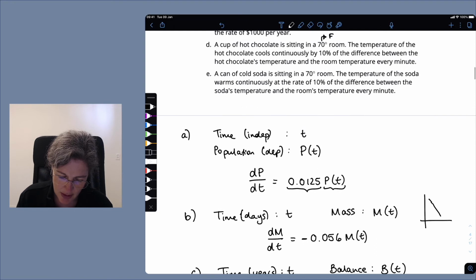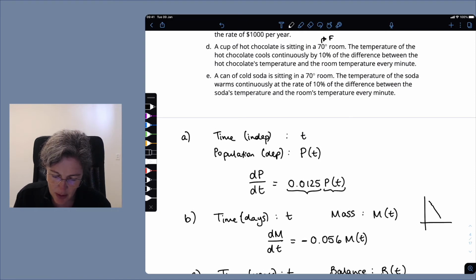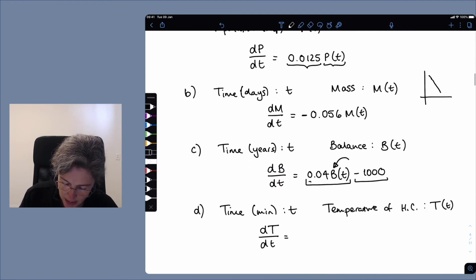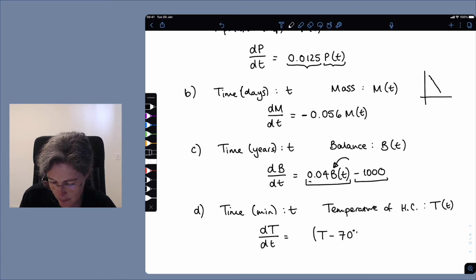So let's read this carefully. It's 10% of the difference between the hot chocolate's temperature and the room temperature. Okay, so what we need is the difference between our hot chocolate, which is presumably hotter than 70 degrees Fahrenheit, and the room temperature, which is 70.